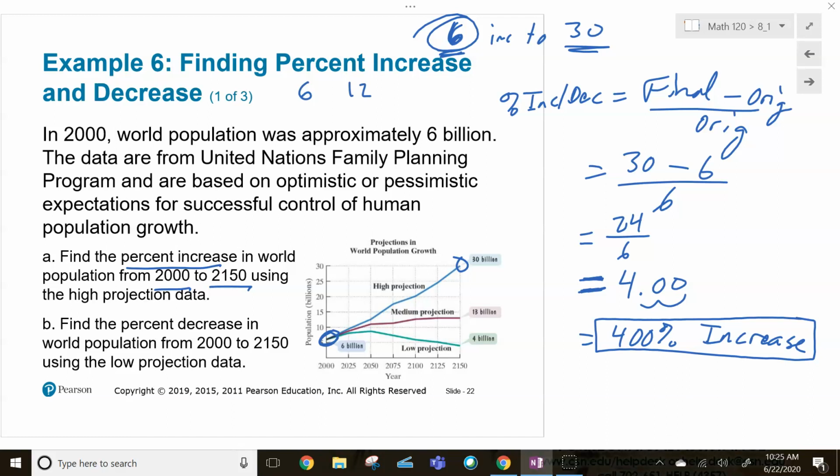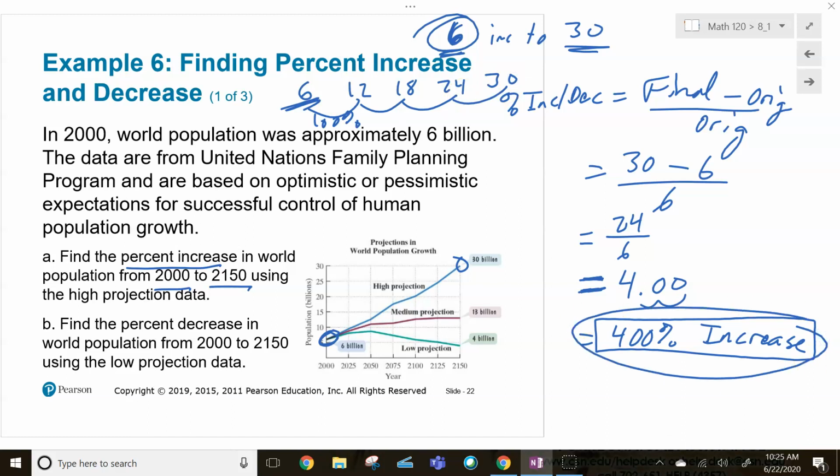We went from 6 to 30. All right, so we had a 400% increase, because that's a 100% increase going up by 100% of 6 billion. That'd be another 100% increase, and that'd be another 100% increase. So you can see that's a 400% increase.